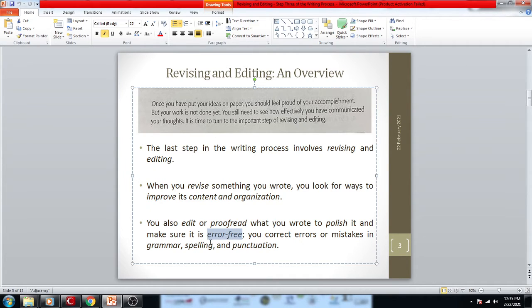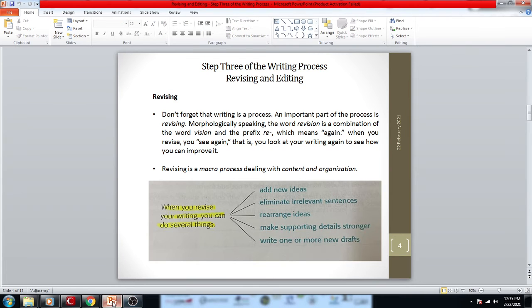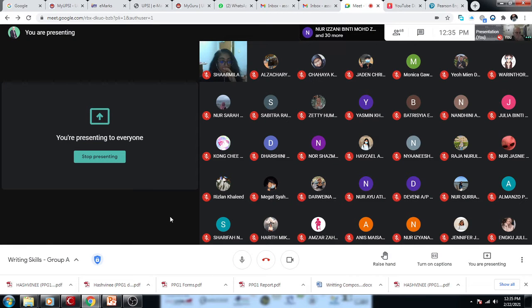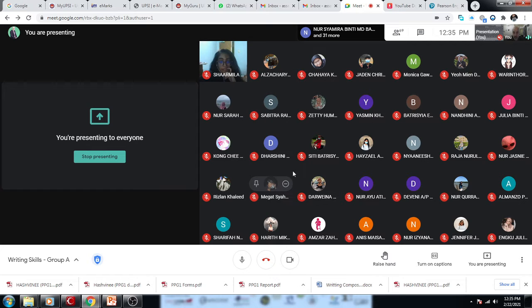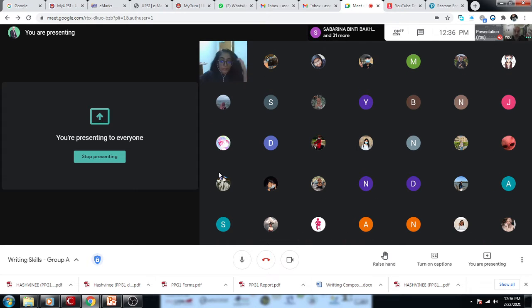So, revising and editing, these are two processes that are concerned with making our piece publishable, making our piece effective, making our piece memorable and persuasive. They involve two different types of enhancement.